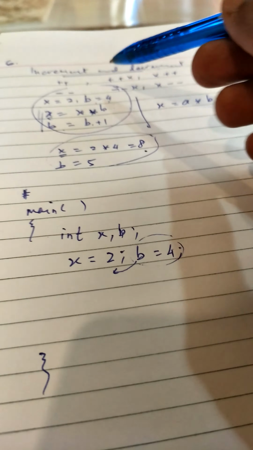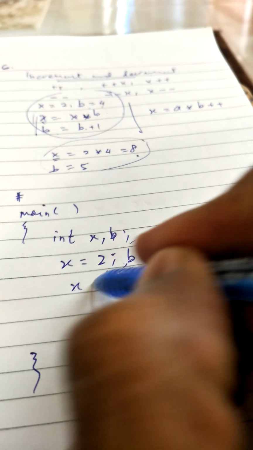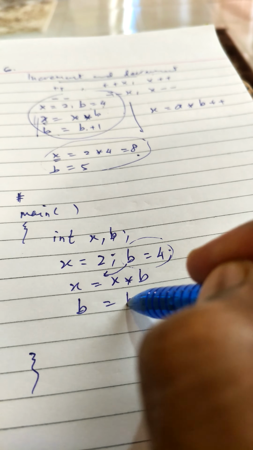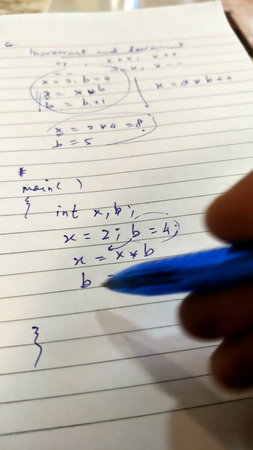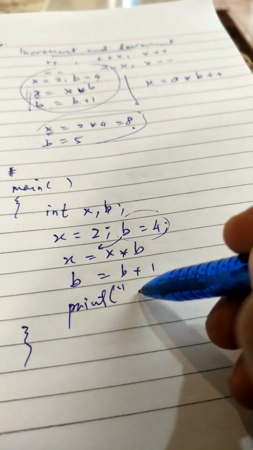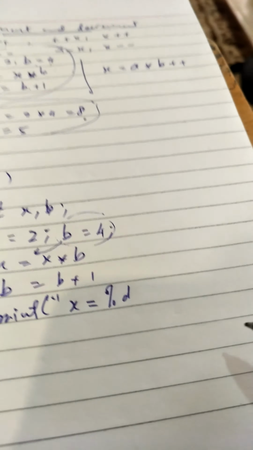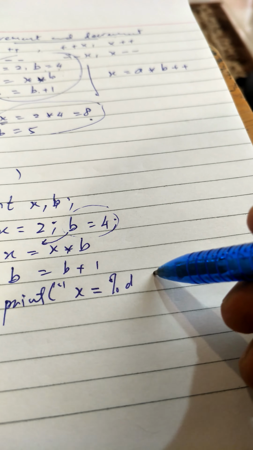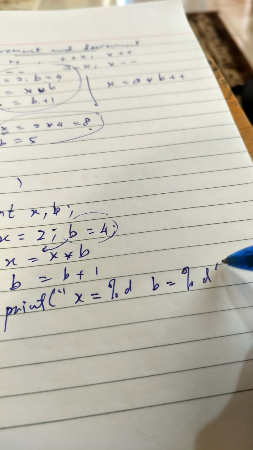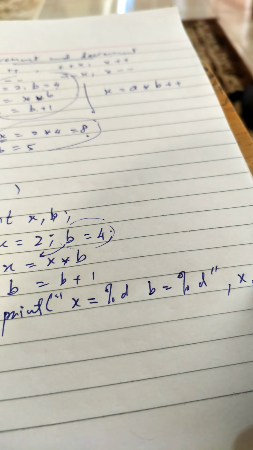All right, and then we do those operations. We have x equal to x times b, then we write b equal to b plus 1. Then you can print the value of x and b. Print x equal to %d, and b equal to %d. So we have x and we have b.